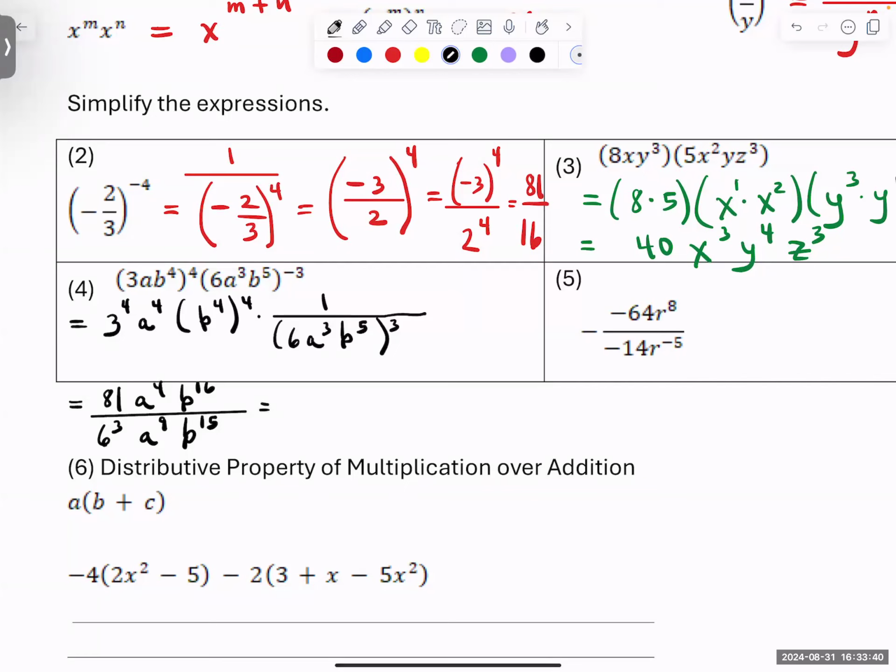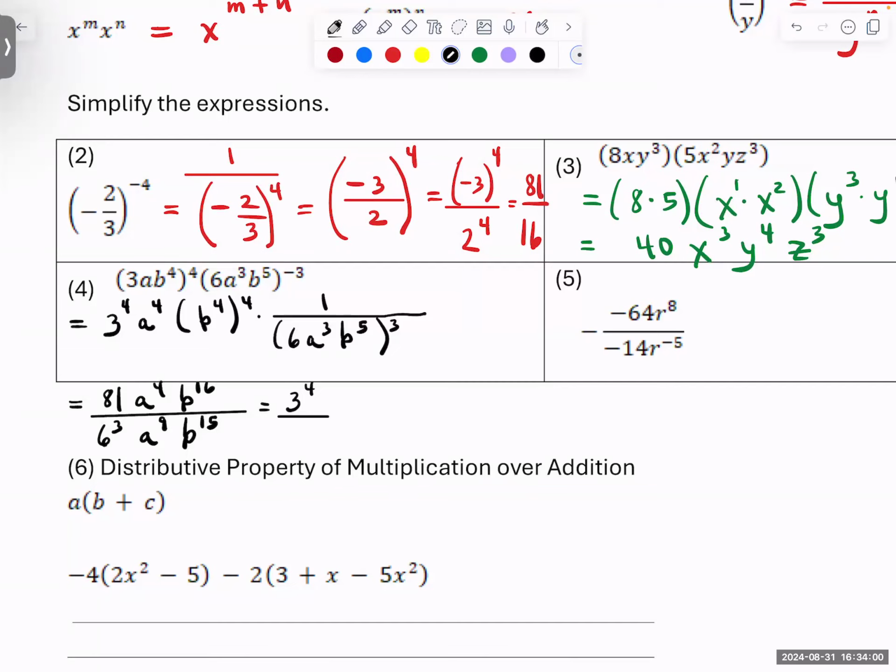And since 81 has factors of 3, and in the denominator, 6 cubed has factors of 3, we can go back, change 81 into 3 to the 4th.